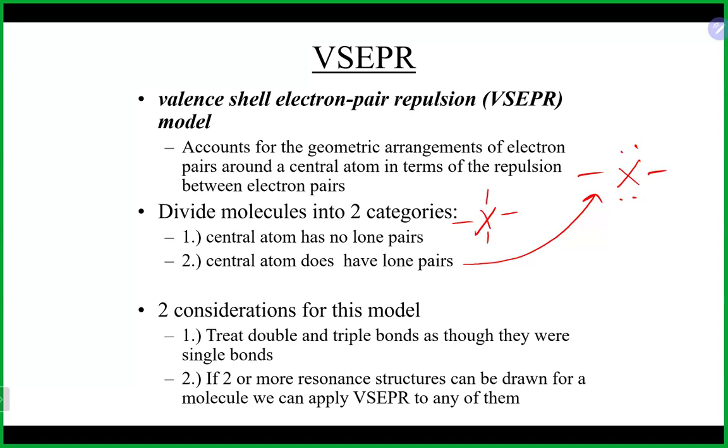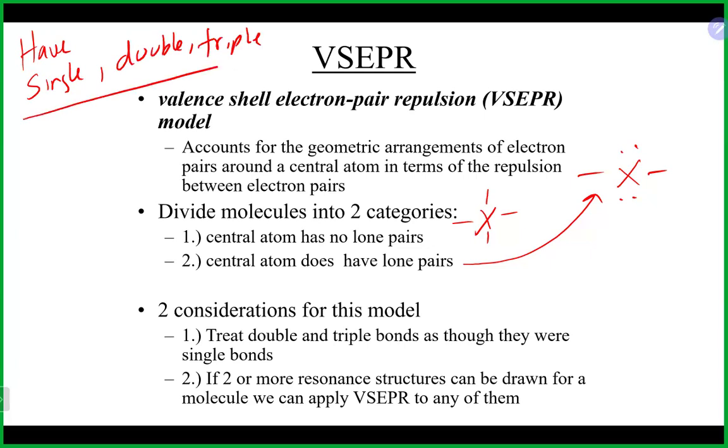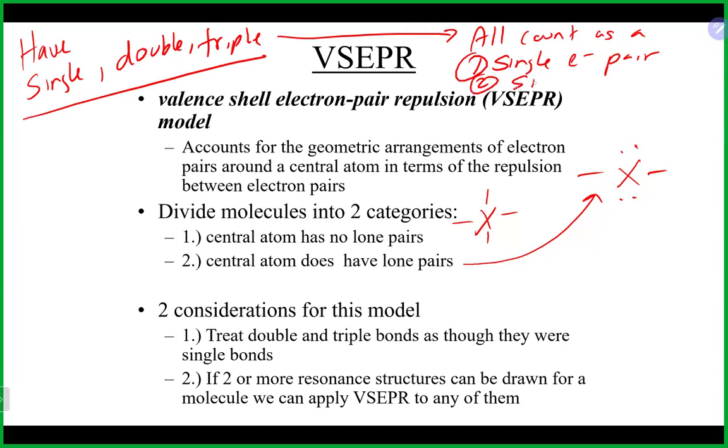what's there. Now, probably the most important rule when you are doing geometry, and only when you're doing geometry, is this. If you have a single bond, a double bond, a triple bond, it does not matter which one you have there, they all count as a single electron pair and also a single bond.